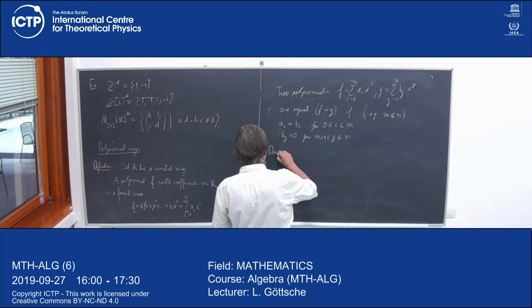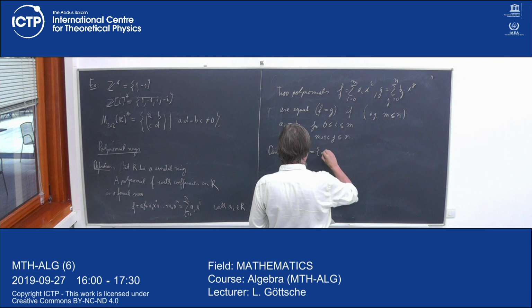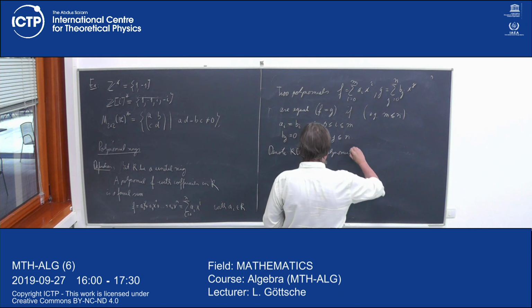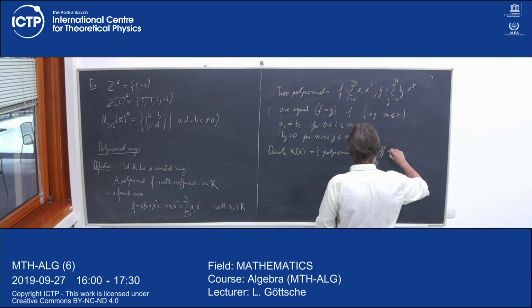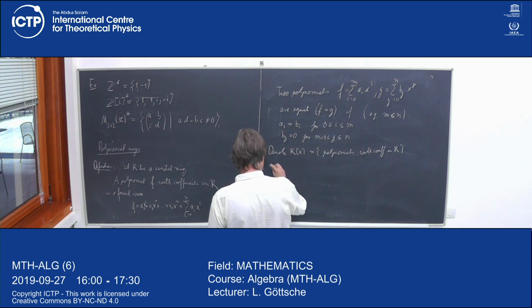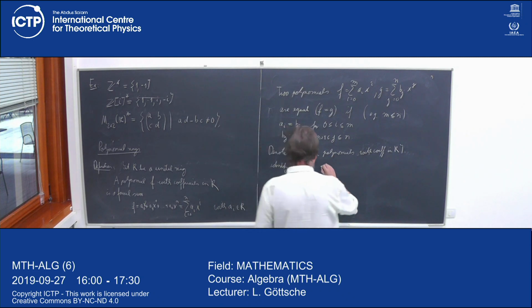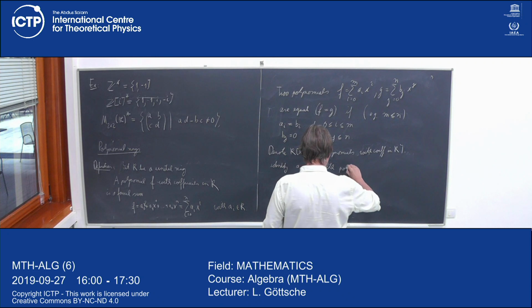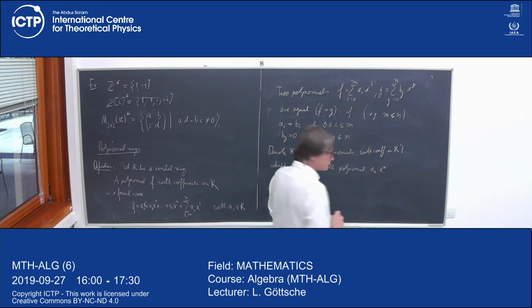We denote by R[x] the set of polynomials with coefficients in R. And we identify a0 in R with the polynomial a0 times x to the 0.